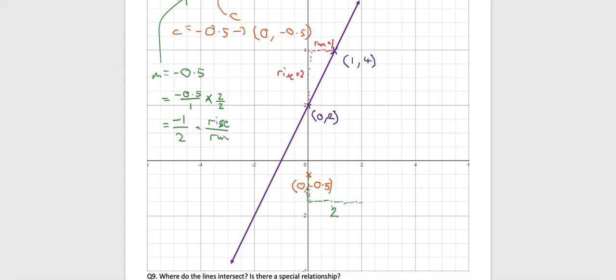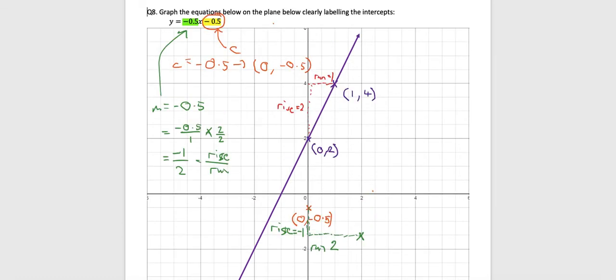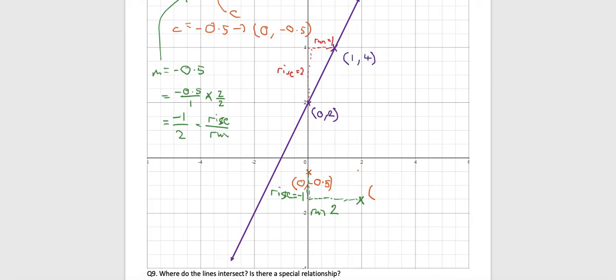So we've got a run of 2 and a rise of negative 1. So our second point is there. Perfect. That point is at x equals 2 and y equals negative 1.5.